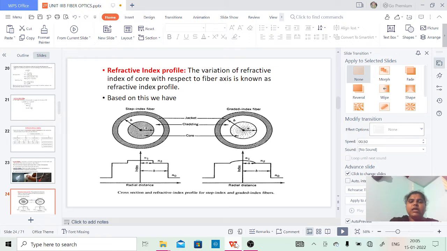That is, the refractive index of core is more than the refractive index of cladding. So based on this, you just go through the step index fiber and graded index fiber. Okay, so core, cladding. See the difference between the step index fiber and graded index fiber based on refractive index profile.